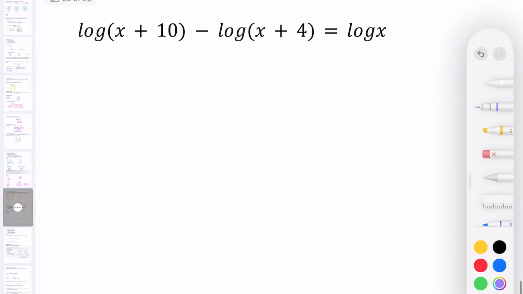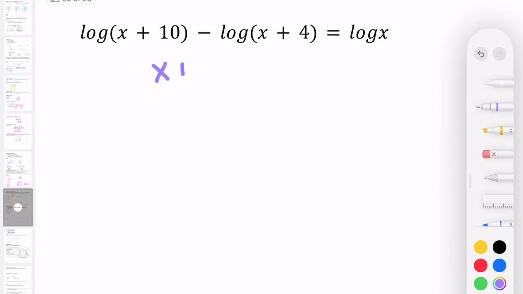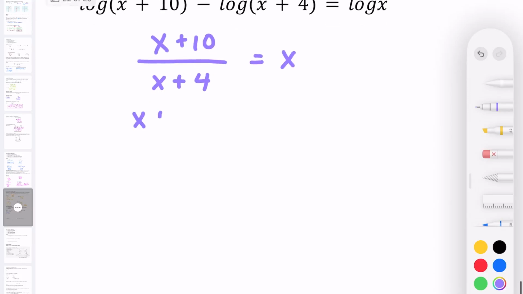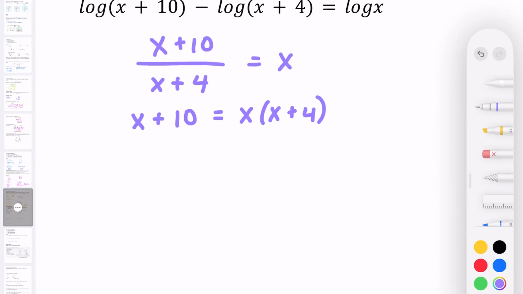In this situation, we have logs being subtracted and they match. We have a log on both sides of the equation. Similar to before, we can go ahead and get rid of the logs and solve them without. I'm going to multiply the denominator on the other side. I'm going to find that I have a quadratic.